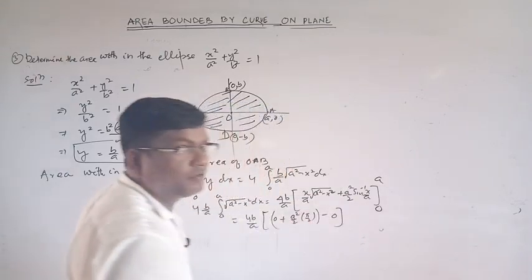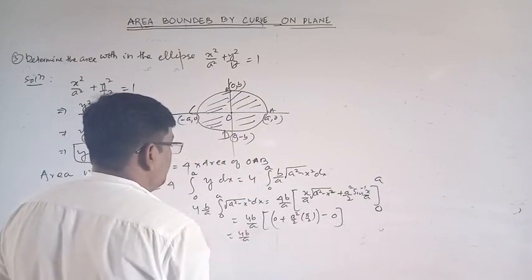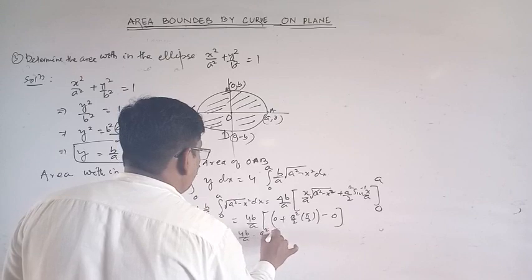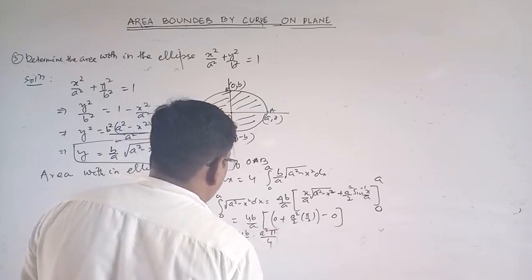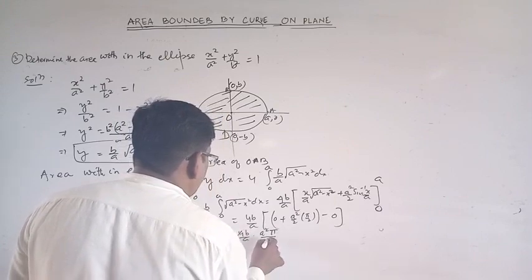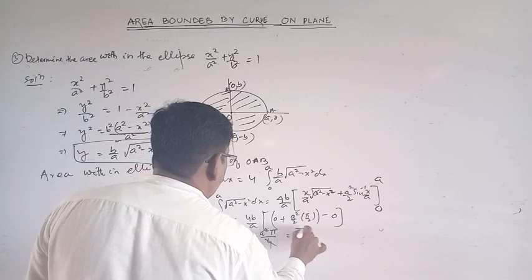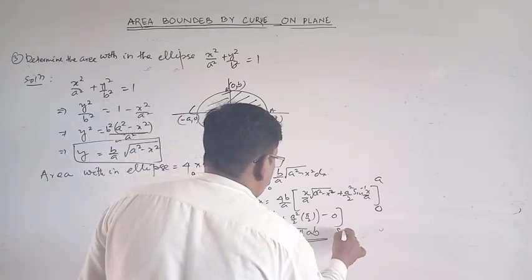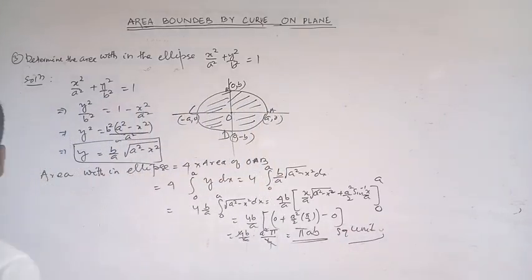So this is equal to 4b by a, and this is a square pi by 4. So 4 cancels, a cancels. So what is it? pi ab square units. Area of the ellipse.